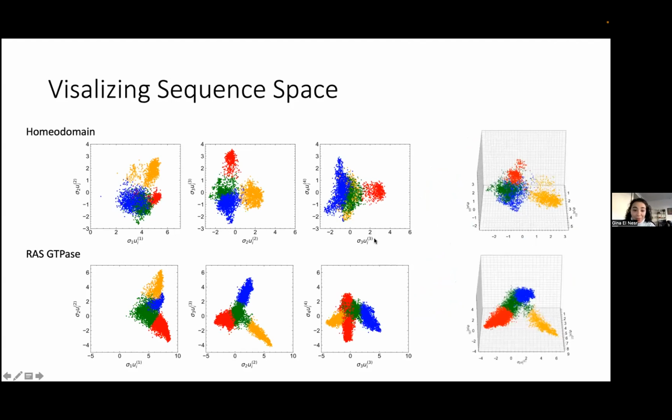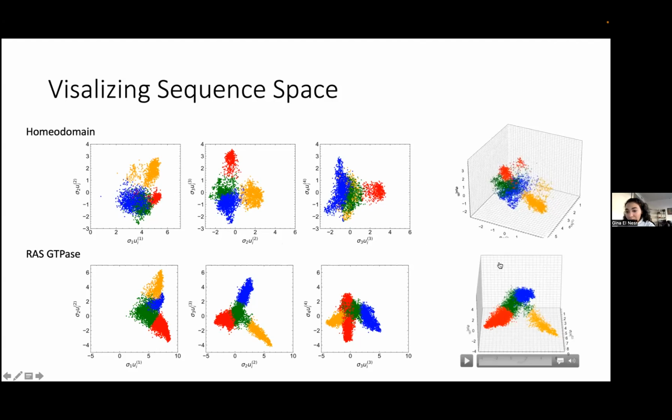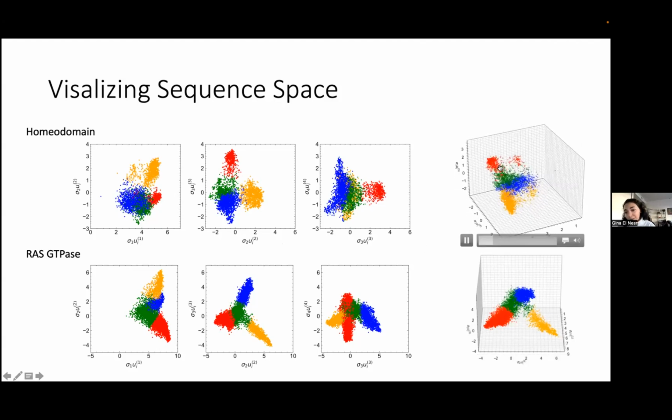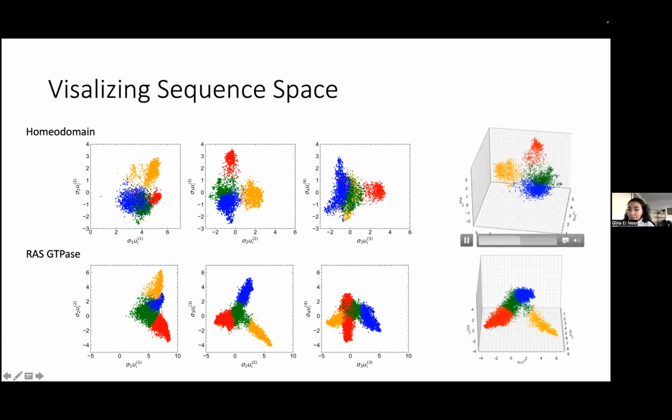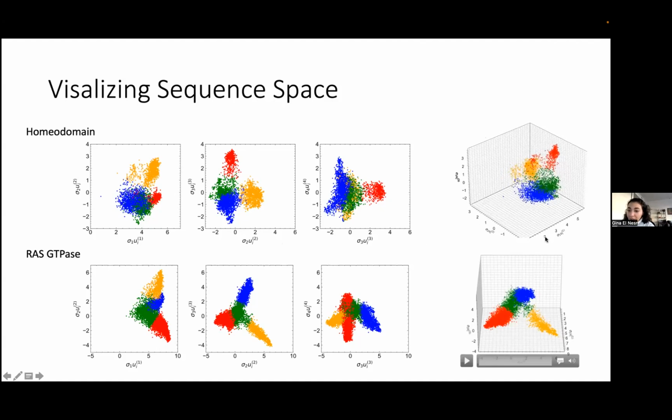When we project them in space, we get this really nice clustering, and I think it's best represented by these videos. You can see in homeodomain, there's this very unique red cluster, this really nice orange cluster, a blue cluster here, and that green cluster.